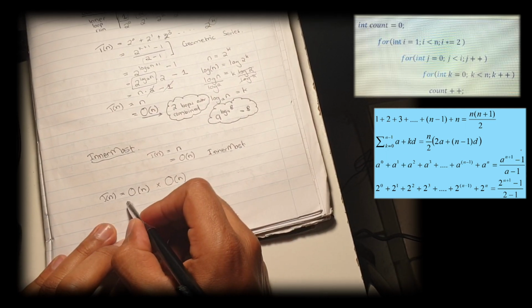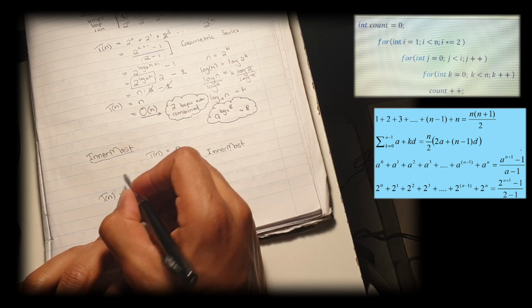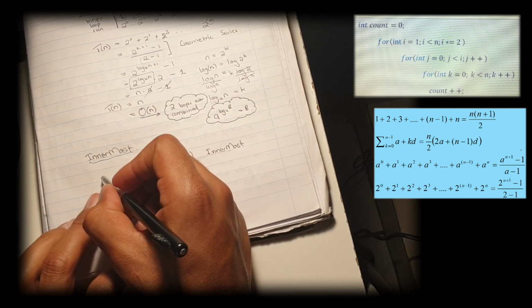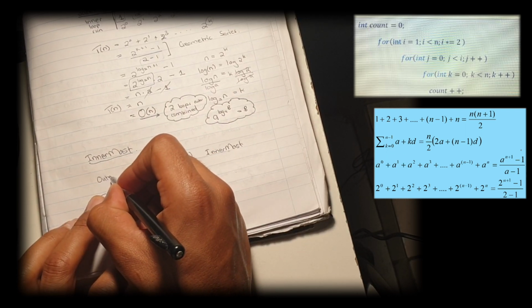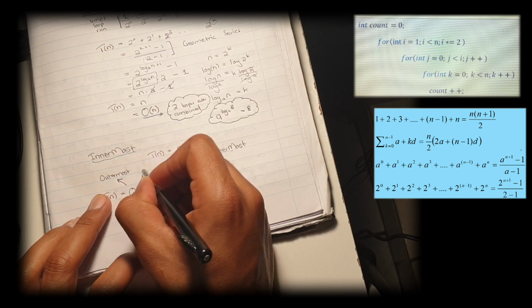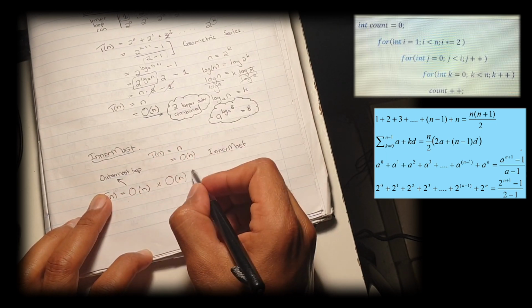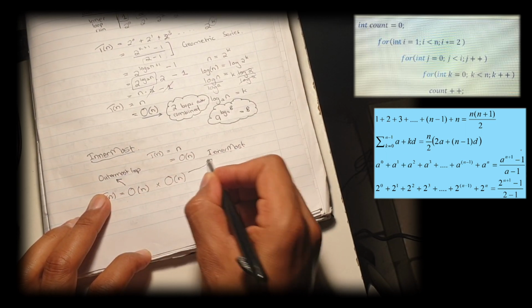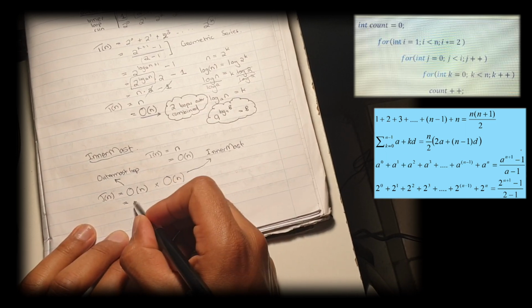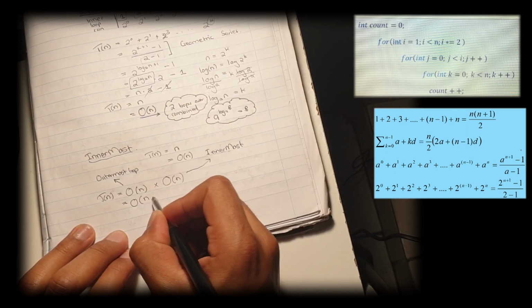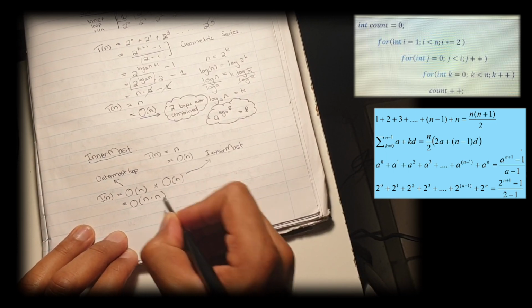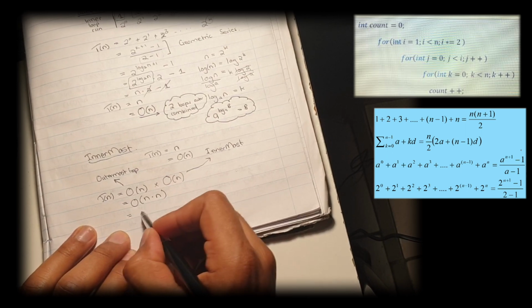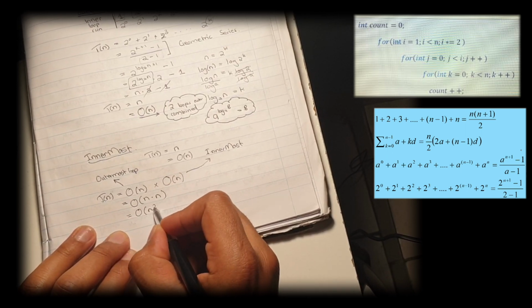Let me label this. This is the outermost, and this is your innermost loop. This simply means we have big O of n times n, and then we have big O of n squared.